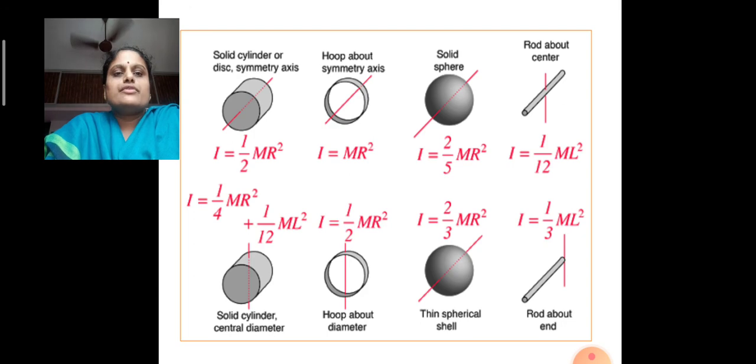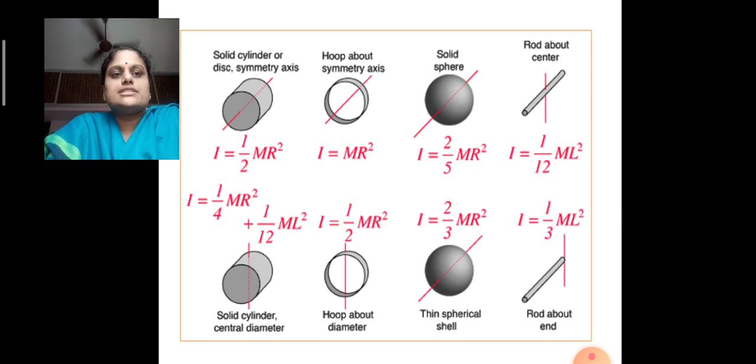Now, the moment of inertia of certain objects about some particular axis of rotation are given to you. For example, in the case of a solid cylinder, about an axis passing through its center or axis, the moment of inertia I is given by half mr².